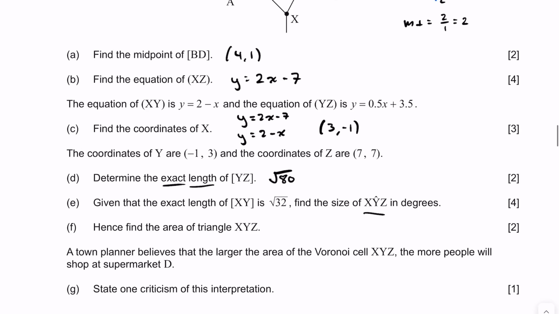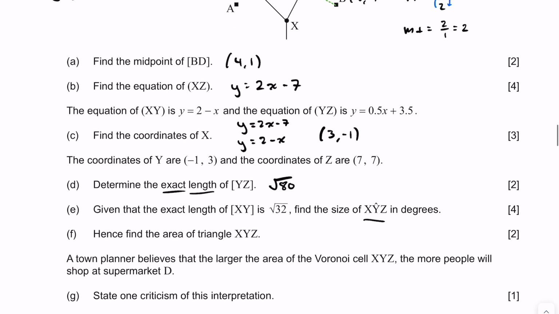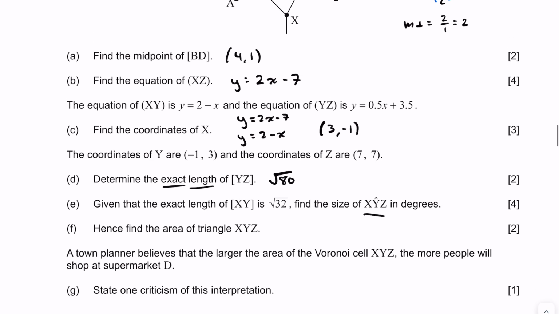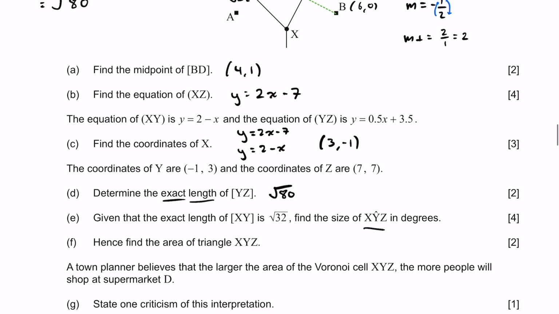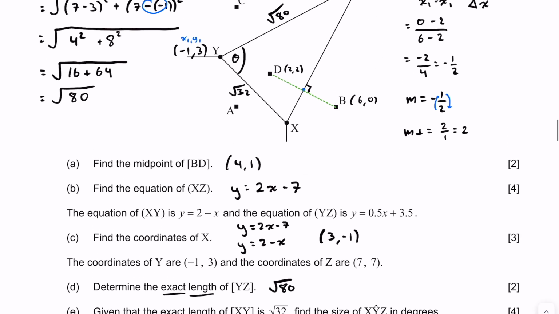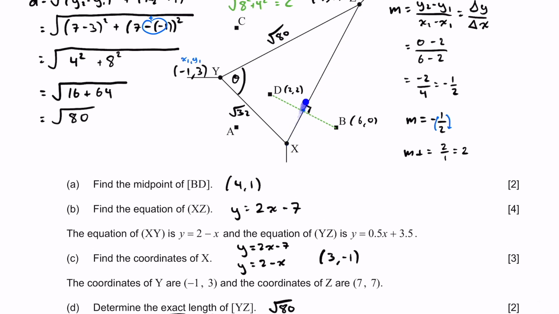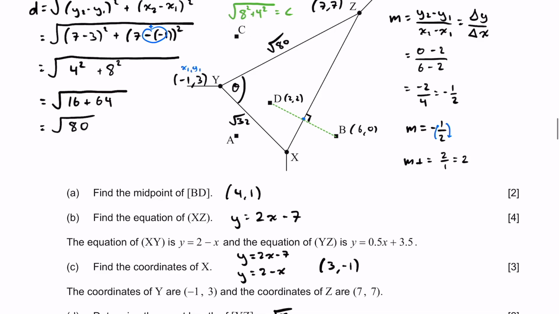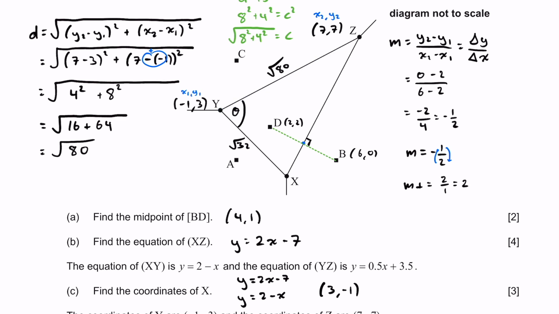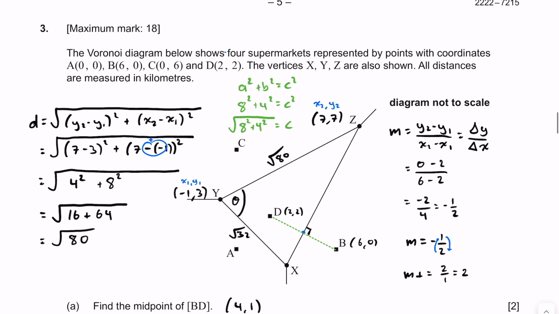So I think we're actually going to need to find the distance of XZ, which seems, to be honest, let's see. Do we know what YZ is? Is there any other information within here that will tell us that?